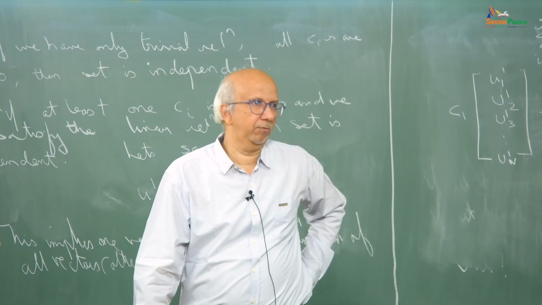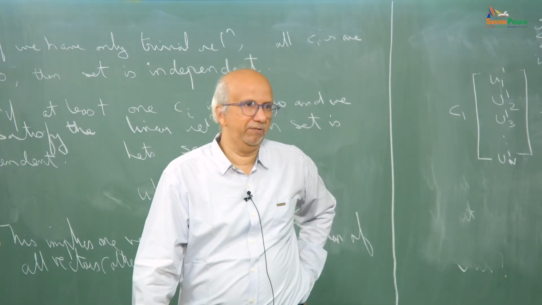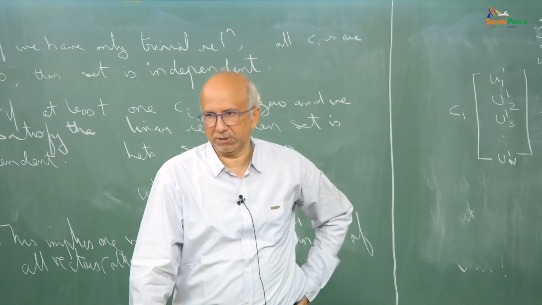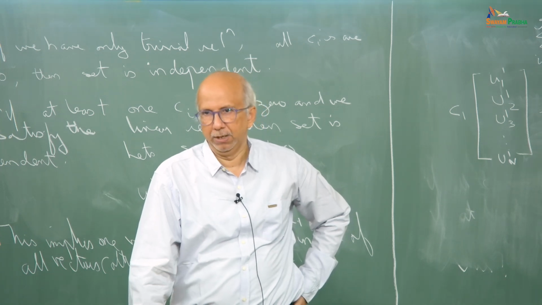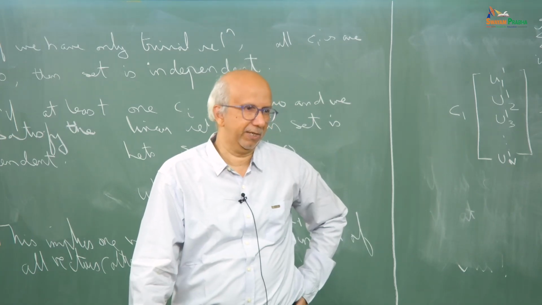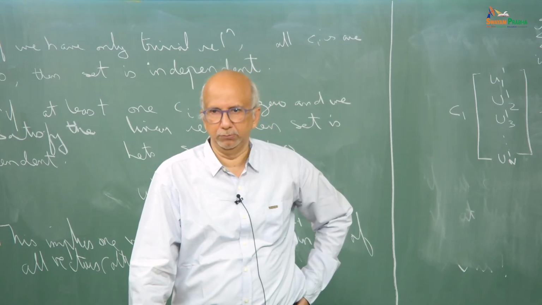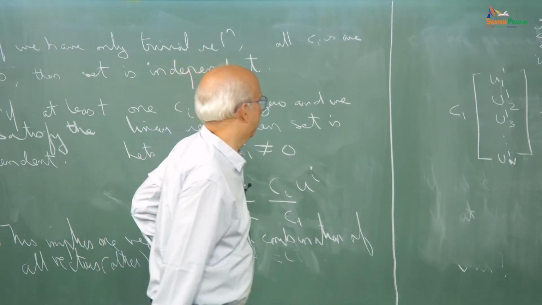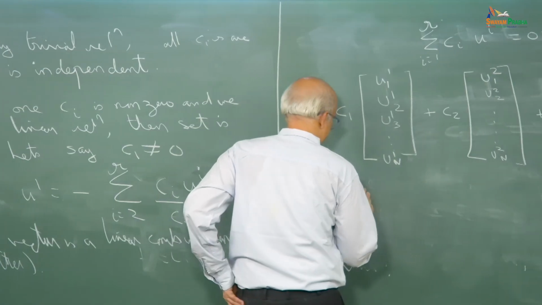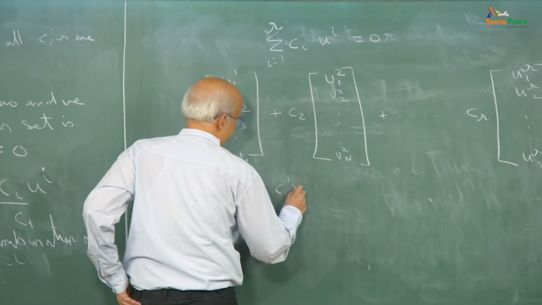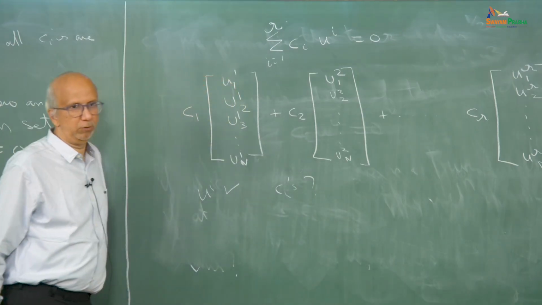Now, what is given to me is the set of vectors, the u superscript i's are given, and what I have to find are the ci's. Is it possible to get a non-zero value? So, ui's are given and the unknown ci's are to be found out.